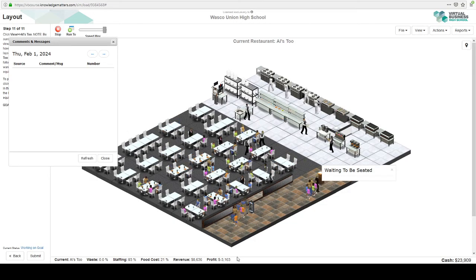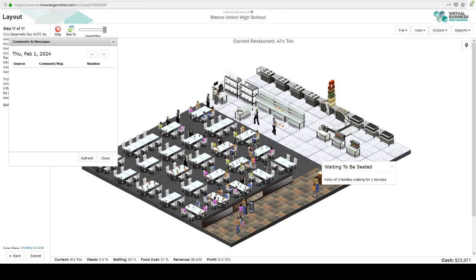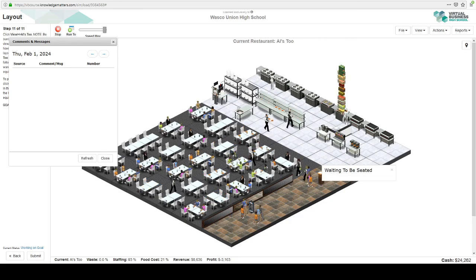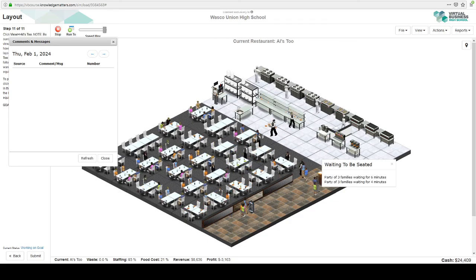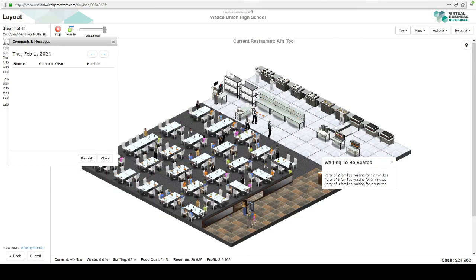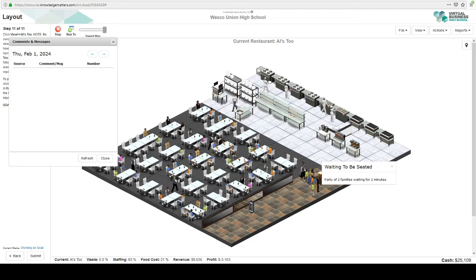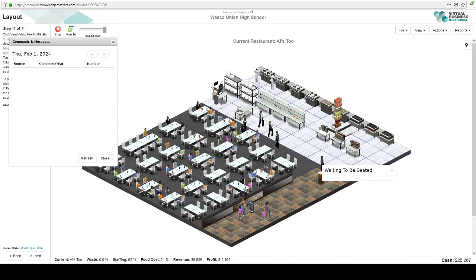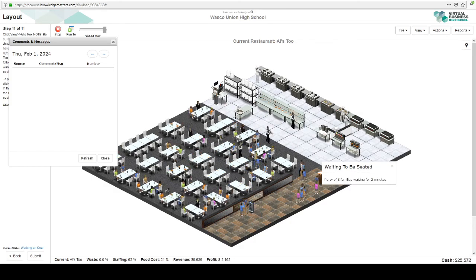And then by Sunday, we should see a change here. So we're negative 3,000. Oh, party of 3 waiting for 1 minute. That's not bad. We have plenty of tables for parties of 3. So far, 12 minutes is the longest they're waiting.